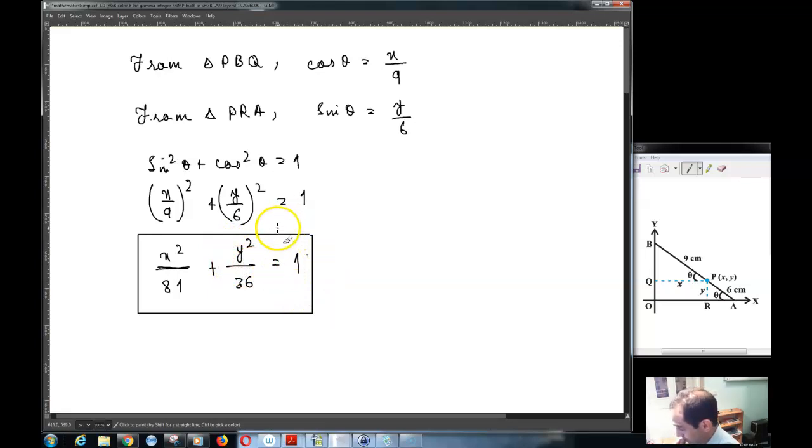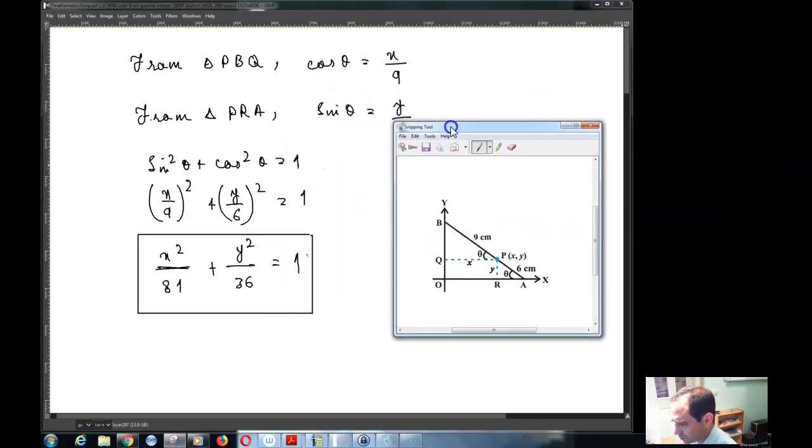Since it contains x and y, where x is the x coordinate of the point P and y is the y coordinate of the point P, that means the locus of P is an ellipse.